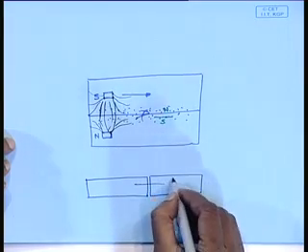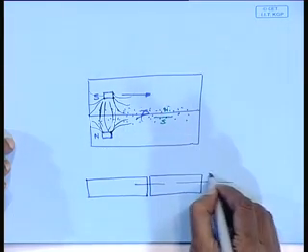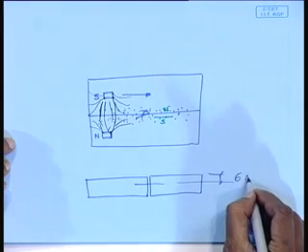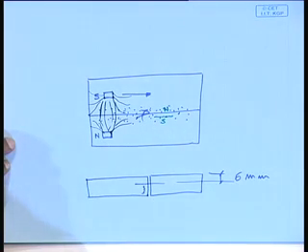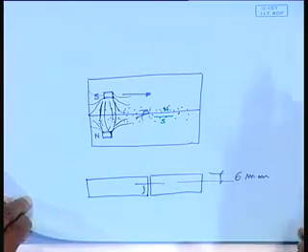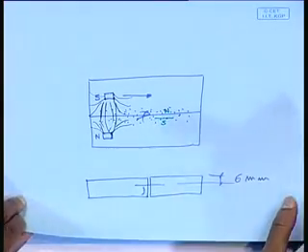Generally it penetrates up to 6 millimeter. That means any discontinuity beyond 6 millimeter below, say you have done checking a plate of 20 millimeter thick, the crack is there on the bottom half below 10 millimeter, that will not be visible. It generally penetrates up to 6 millimeter. So, that is the limitation of magnetic particle testing.